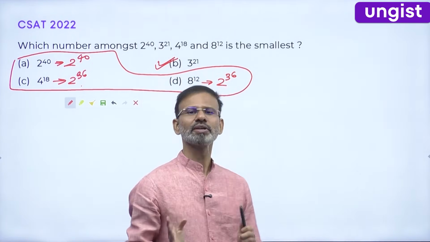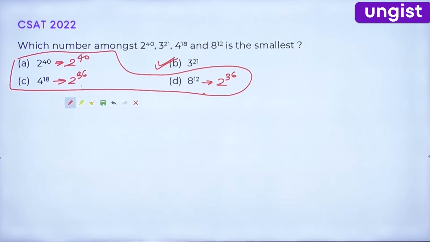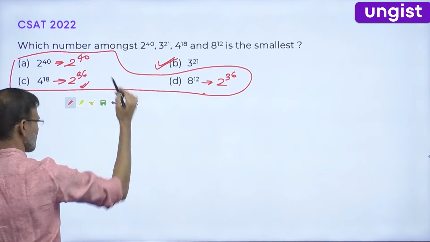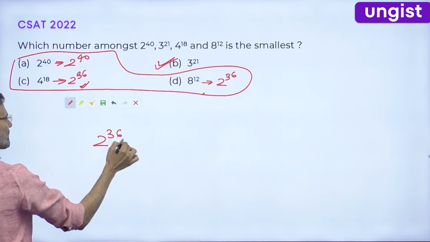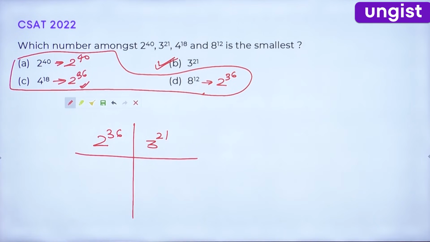But since here we are solving the question, let's solve it entirely. ठीक है? पूरी तरह से करते हैं इसको. अच्छा. So obviously we have to compare between these two numbers: 2 raised to the power 36 and 3 raised to the power 21. 2 raised to the power 40, नहीं, 40 तो वैसे भी बड़ा है ना, smallest check करना है ना, right?